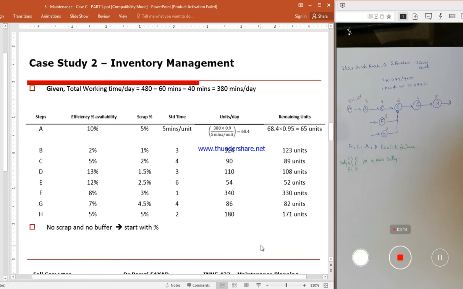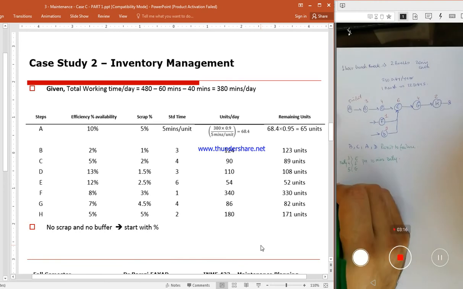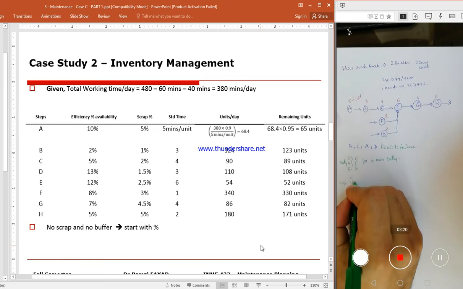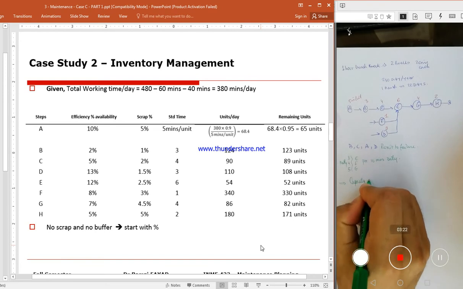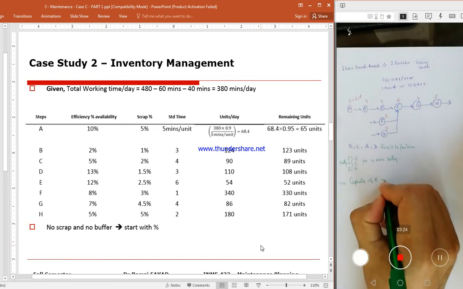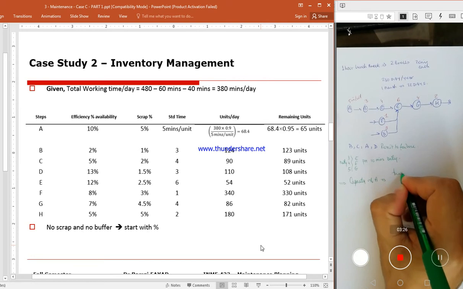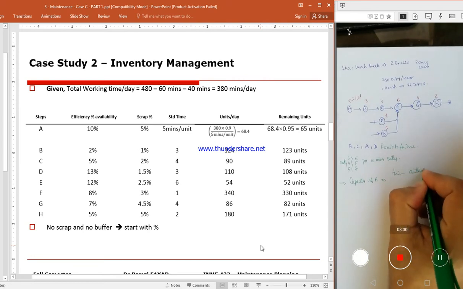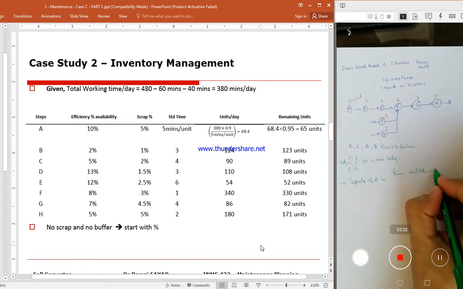Let's see how to calculate the capacity of machine A. We're calculating the time available: 480 minus 60 minus 40, which is the breaks, so 380.